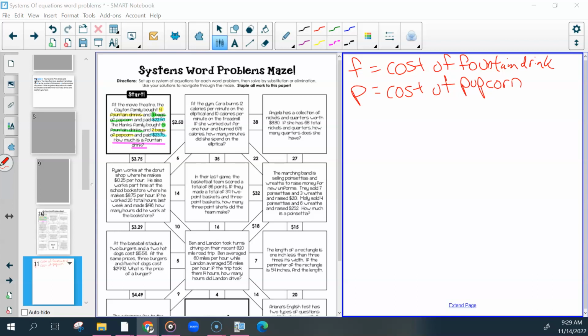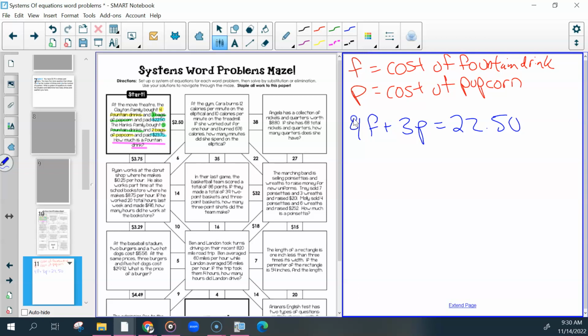So then, using our numbers, how would we write our equations? That would be the first one.